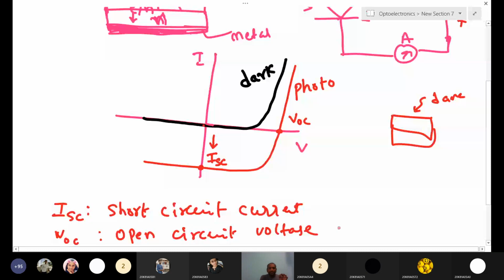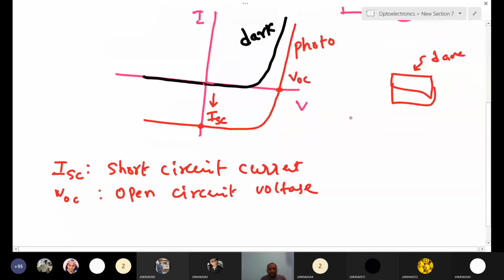Here, short circuit means, see the point at I_SC. What is the voltage at this point? Please see the curve and tell me what the voltage is at the I_SC point. Otherwise, you can tell me what short circuit current is.